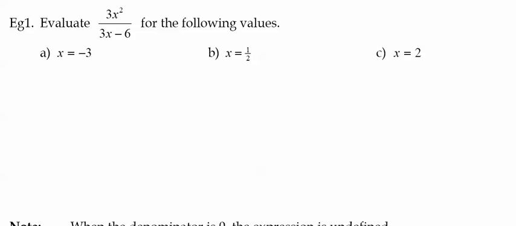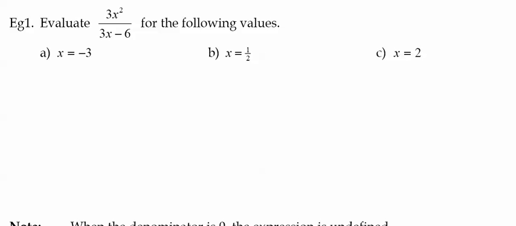When we are working with rational expressions, sometimes they want you to find the value, make some calculation, and all you need to do is plug in a number. But there are times when you will end up with something that is impossible. Here we're going to see that situation in example number 1.